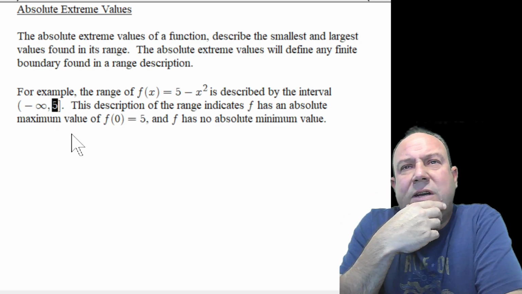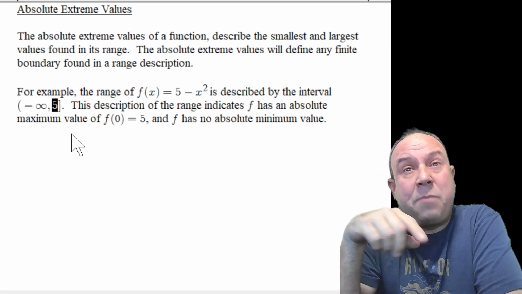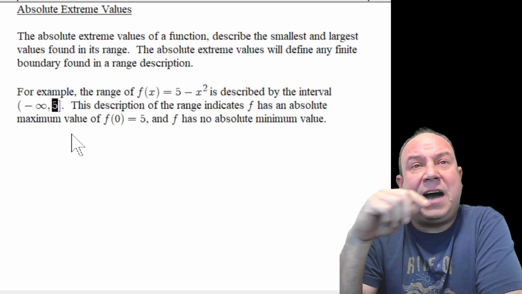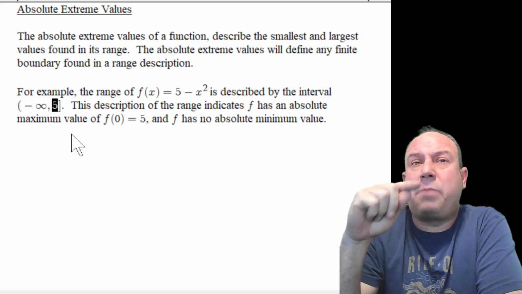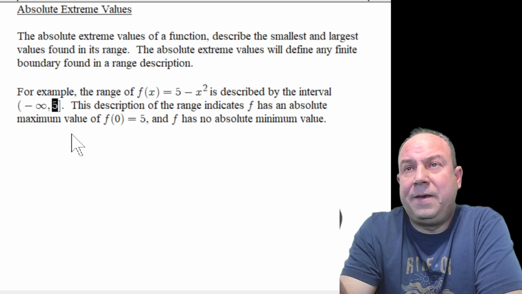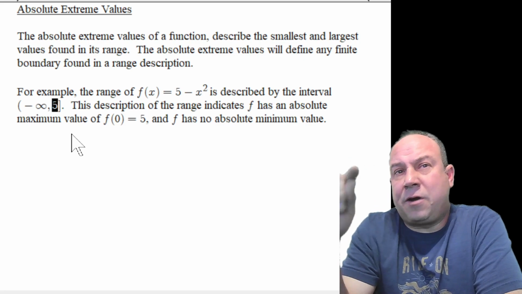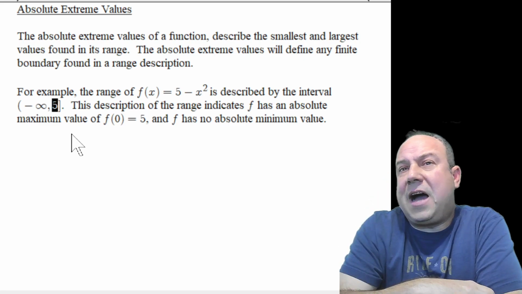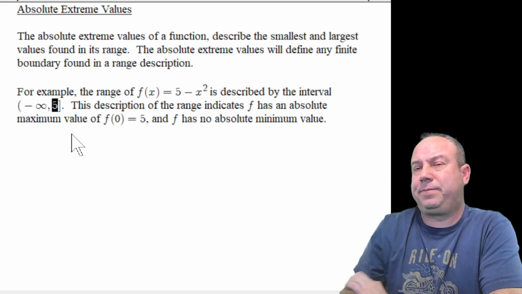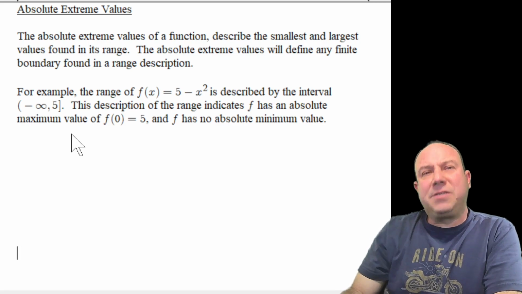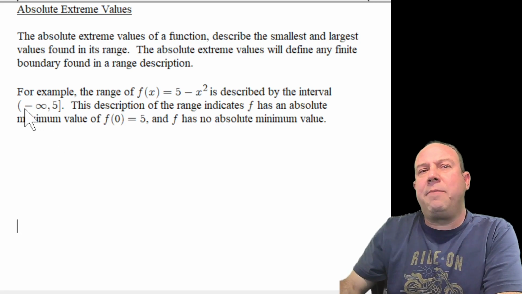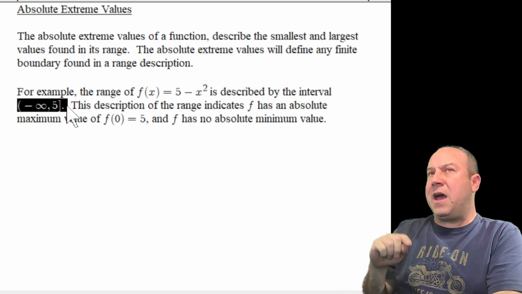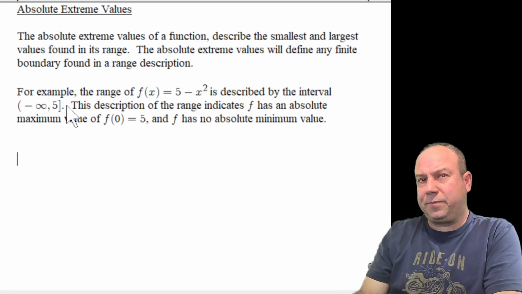If we did a further analysis, we would be able to determine the absolute maximum would occur at 0, which would give us an output of 5. 5 being the largest possible range value, the upper boundary found in our range. That value of 5 there is the absolute maximum. Absolute extreme values will describe the finite boundaries found in our range specifically.